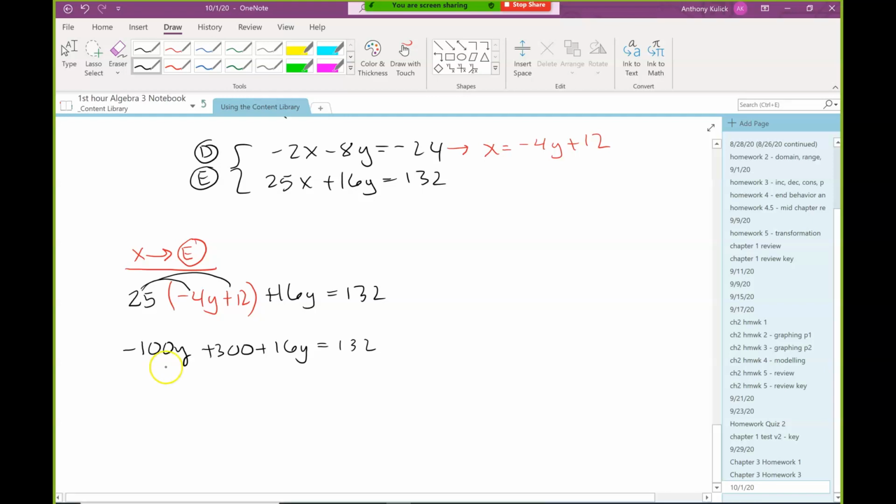I can combine -100y and 16y to get -84y. And I can subtract 300 from both sides to get -168. And when I divide both sides by -84, I get y equals 2.